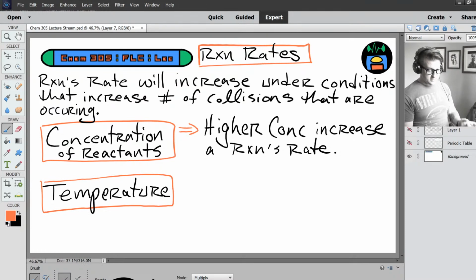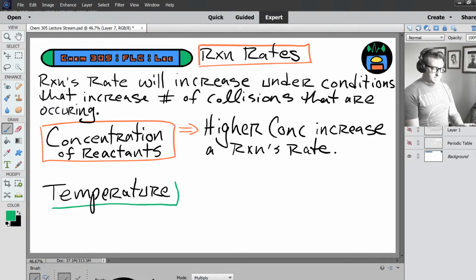Now, here's the thing. The way temperature works, concentration works the same. Increase your concentrations, you increase your collisions. Temperature, I'm going to actually offset it in a different color because it's different. It varies depending upon exo or endothermic.